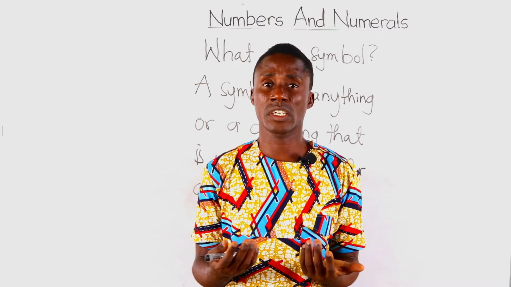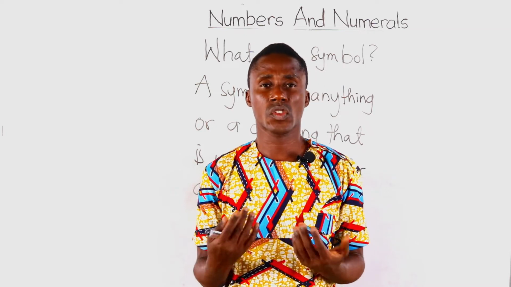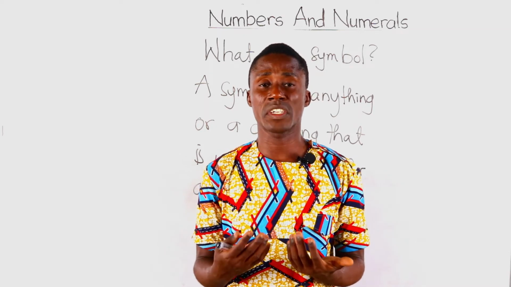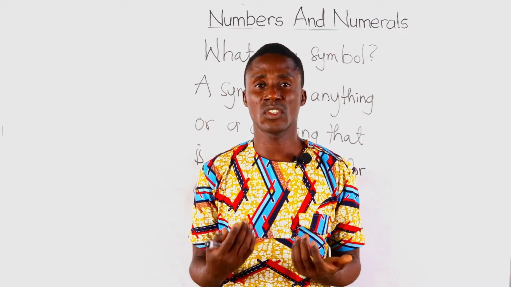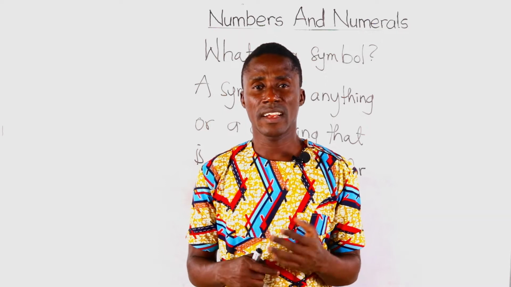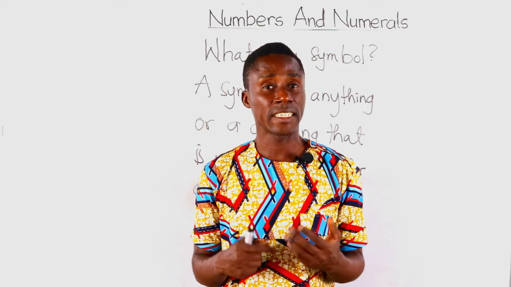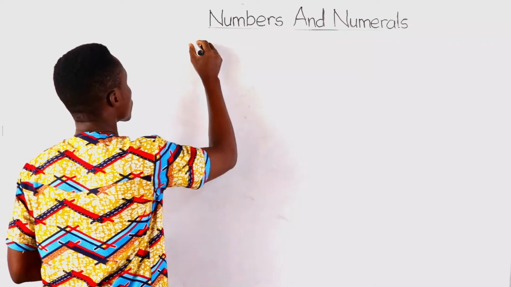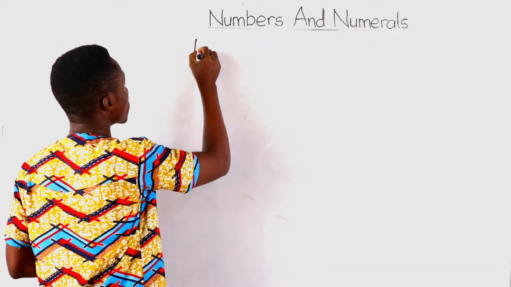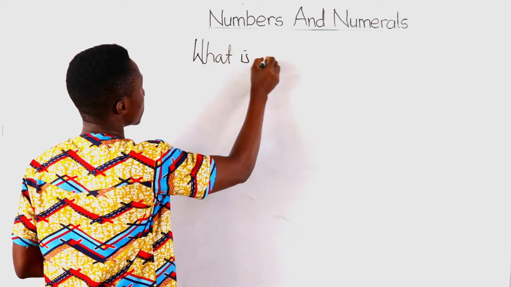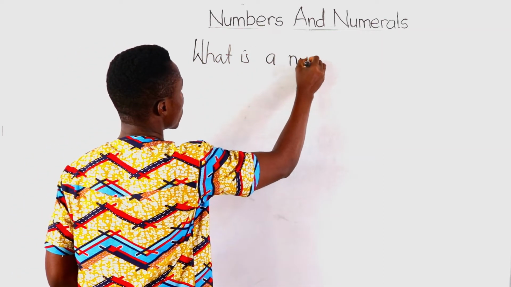And the using of symbols to stand for numbers has given us what we now call today numerals. So what is a numeral? Let's write that question and then we will give an answer to it. So what is a numeral?